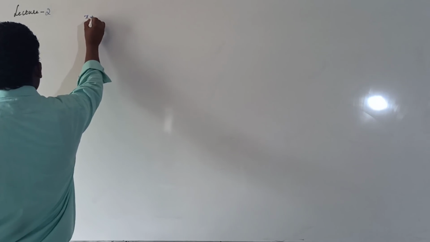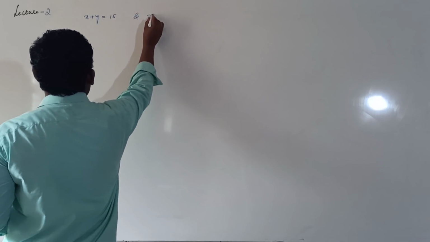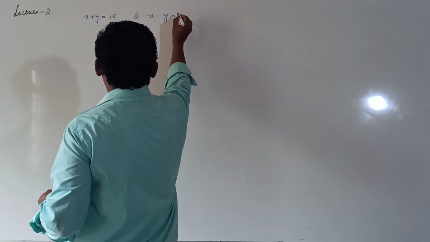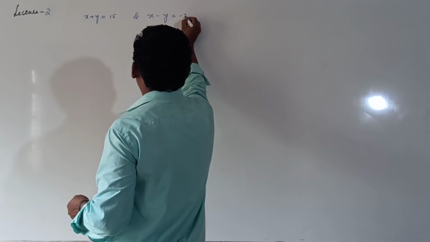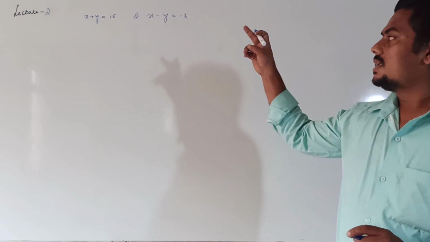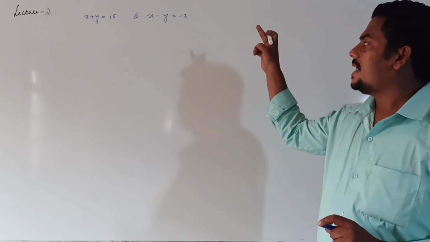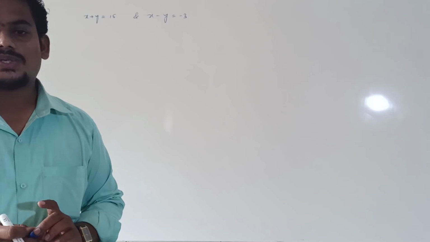Solve x plus y equal to 15 and x minus y equal to minus 3 by the method of substitution.